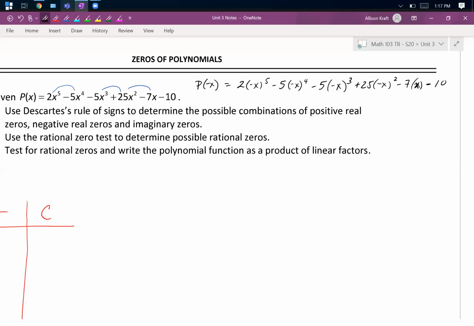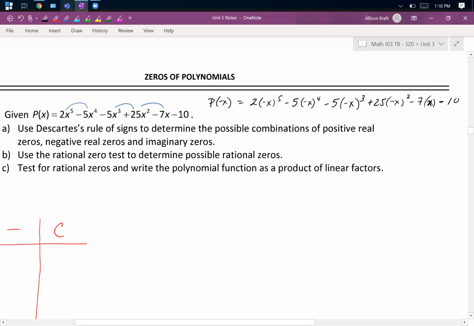So the shortcut, if you care to use it, is that all we do to go from P of x to P of negative x is change the sign of the odd degreed terms, because the even ones will stay the same. When we square a negative, we get a positive, so we're left with the sign of the coefficient, but the other ones are going to switch.